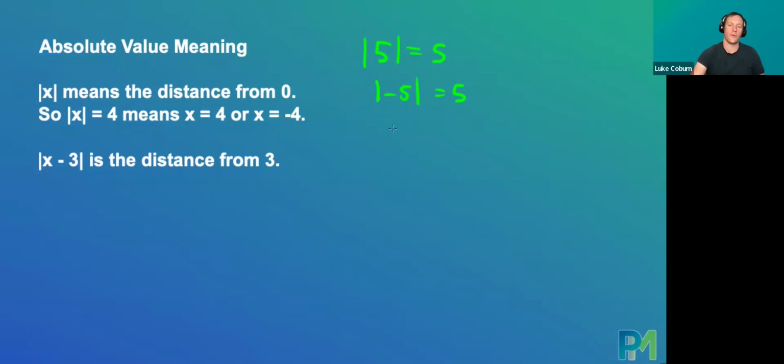But let's say, for example, you were saying the absolute value of x is equal to 4, right? What you're saying with that is if we drew a number line and this was 0 and this was x, then the absolute value of x equal to 4 would mean that the distance from 4 to here is 4. But there's two directions that we could go.